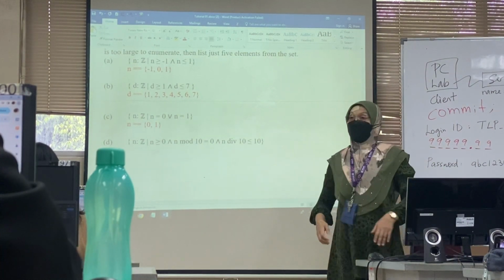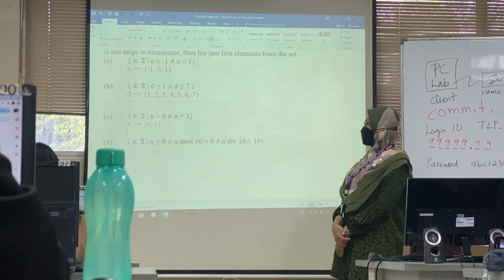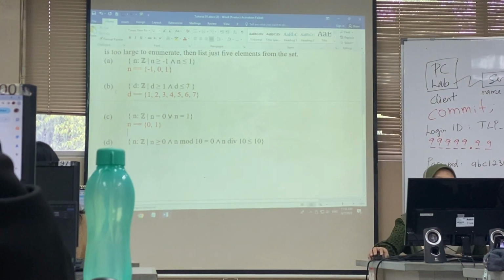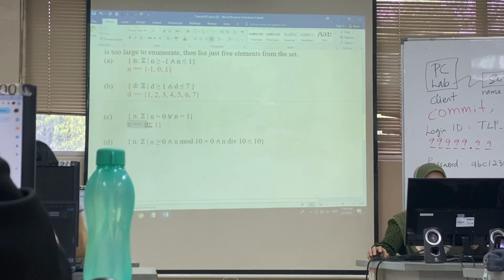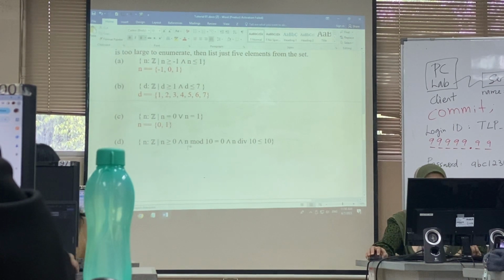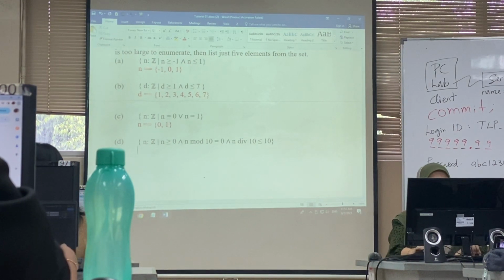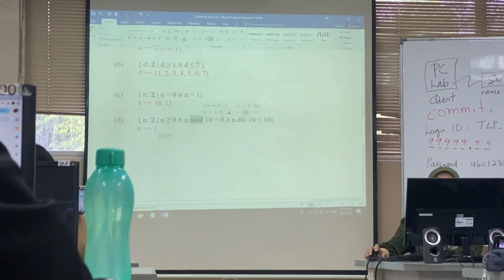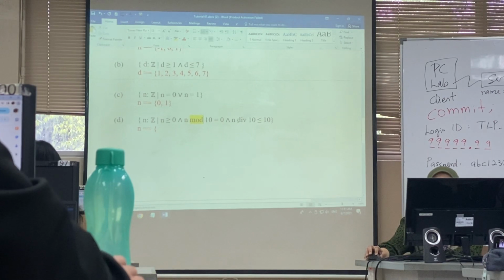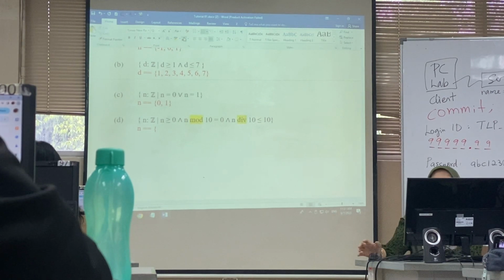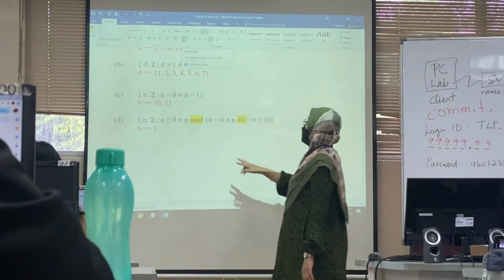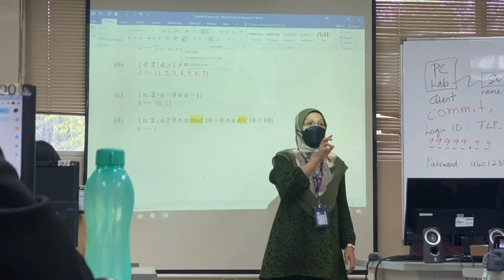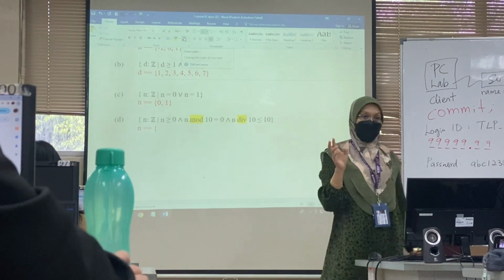And how about the last one? What do you think will be the answer for the last one? What do you think? Okay. Let me show you. Let me explain to you the meaning. So you have modulus, you have divide. Okay, these two keywords need to be used with integer only.